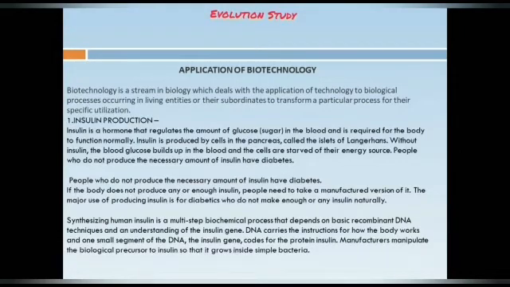DNA carries the instructions for how the body works, and one small segment of the DNA, the insulin gene, codes for the protein insulin. Manufacturers manipulate the biological precursor to insulin so that it grows inside simple bacteria.